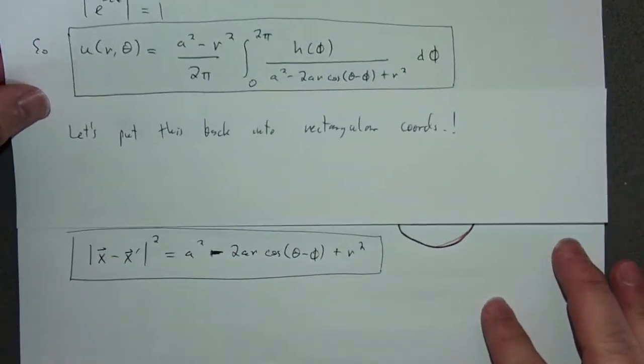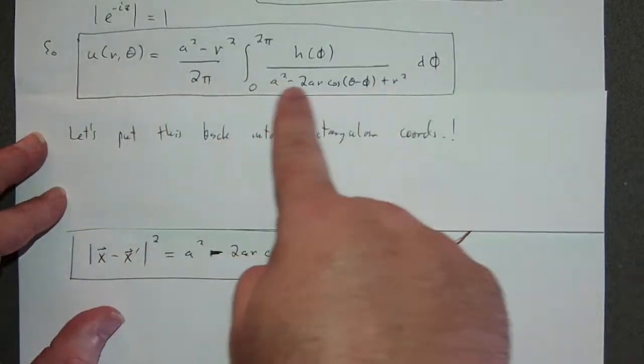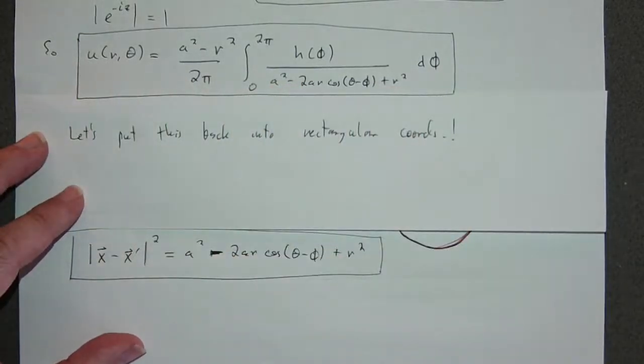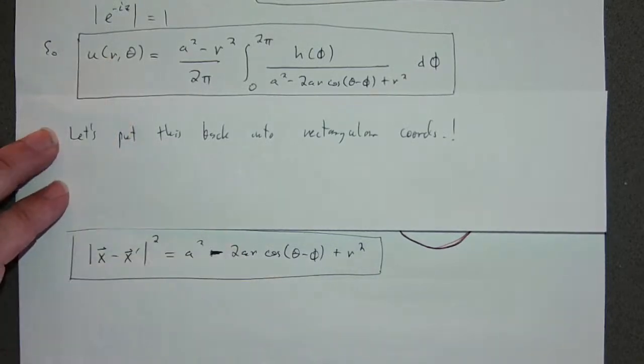Since our solution is of this form, how can I switch back to rectangular coordinates?